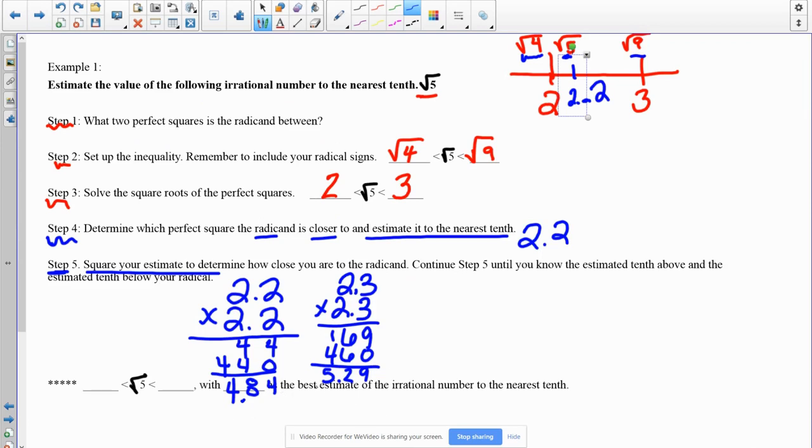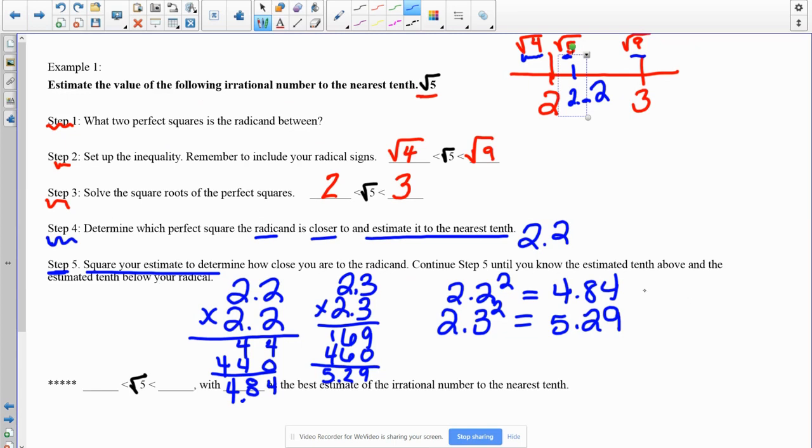So yeah, now we went over top. Now we've got to decide which one is the better choice. In other words, which one is closer to 5? Because 2.2 squared equaled 4.84 and 2.3 squared equaled 5 and 29 hundredths, and we're trying to get to 5 to make a better estimate.